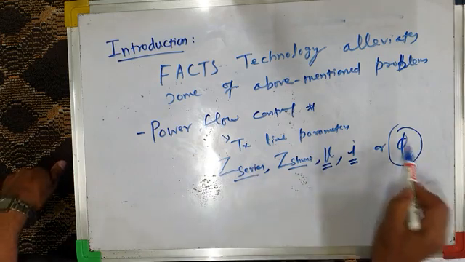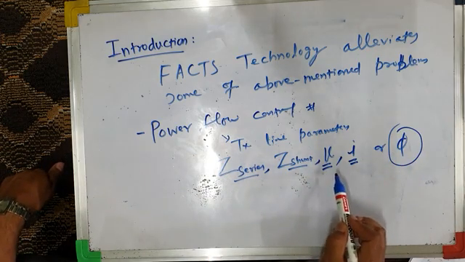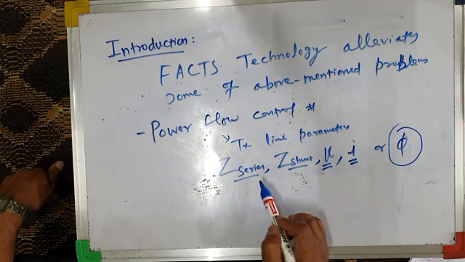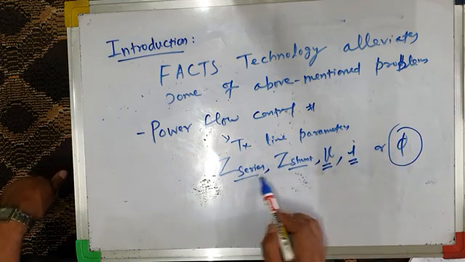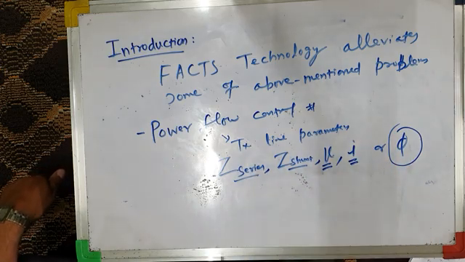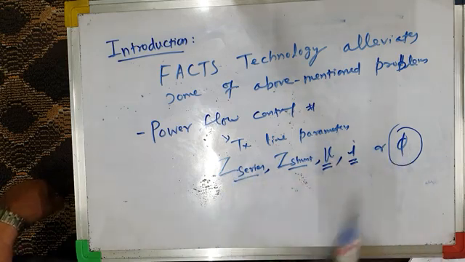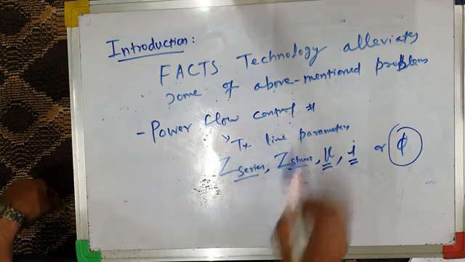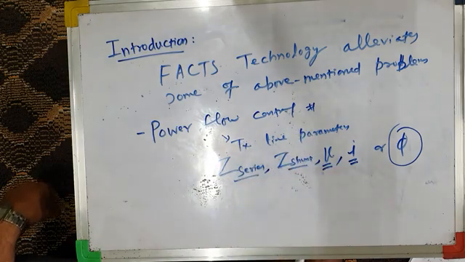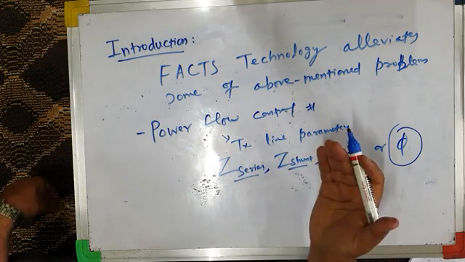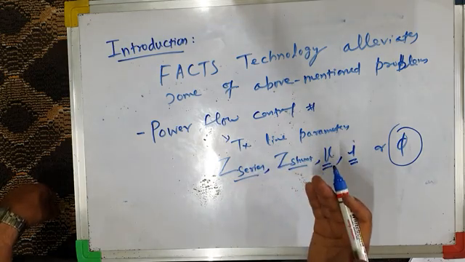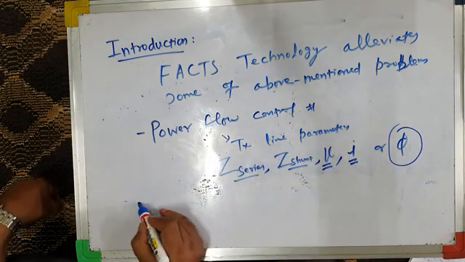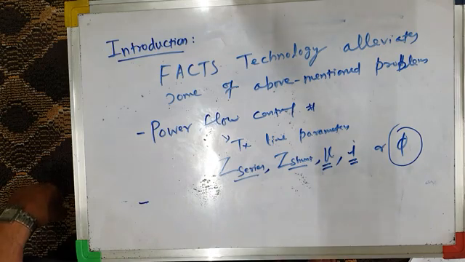We will study how we can control these transmission line parameters in future lectures with the help of FACTS devices. By controlling these parameters, we will be able to have perfect control over the flow of power in interconnected transmission networks, so that none of the lines is overloaded and none of the lines remains underutilized. So this problem is solved by FACTS technology or FACTS devices.